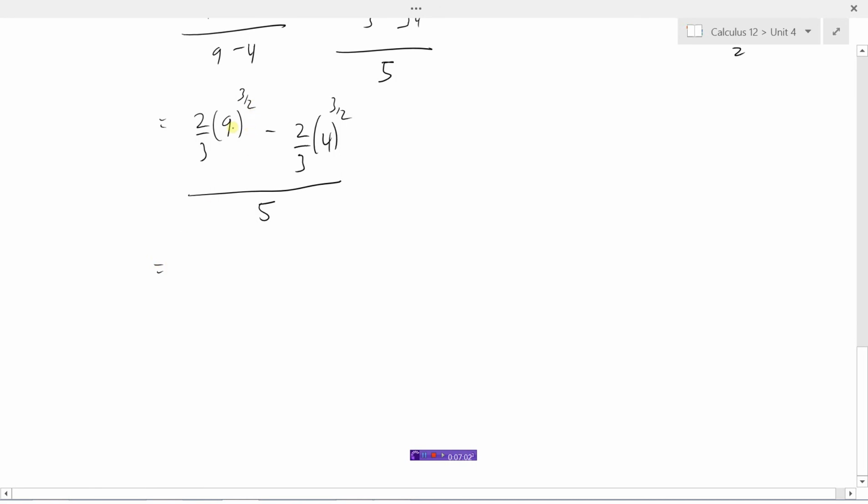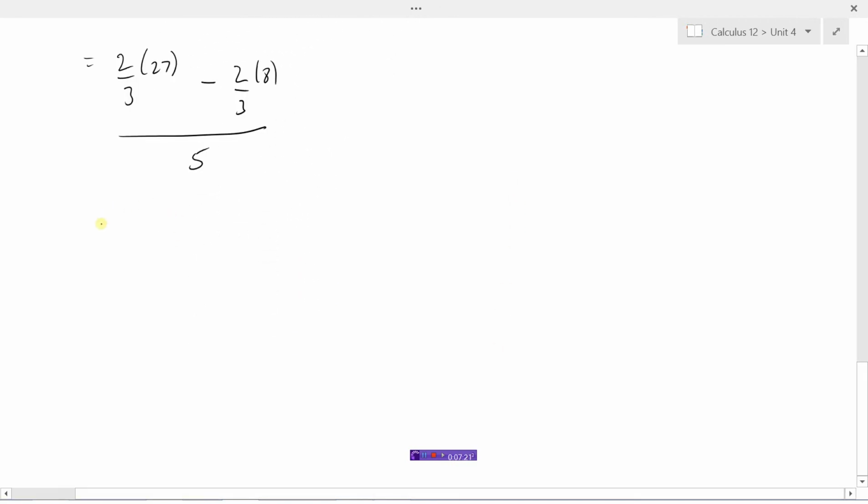So I've got to take the square root of 9, which is 3. 3 cubed is 27. So that's 2/3 times 27. The square root of 4 is 2, and 2 to the power 3 is 8. So that's 2/3 times 8, all divided by 5. 27 divided by 3 is 9, 9 times 2 would be 18, minus, well, this isn't going to work out nice, so why don't we go back and leave this as thirds.